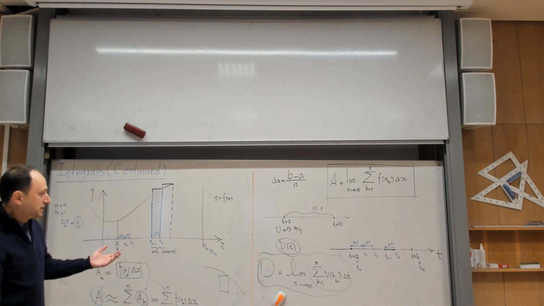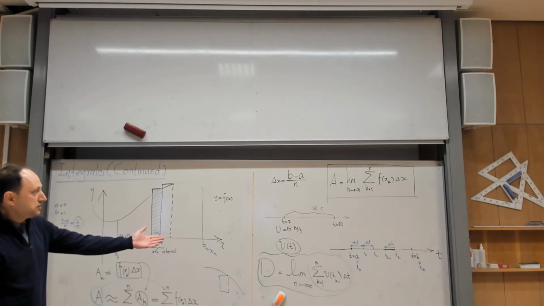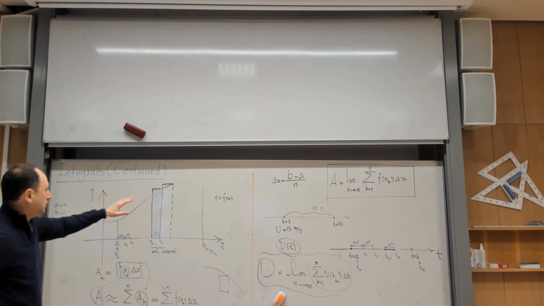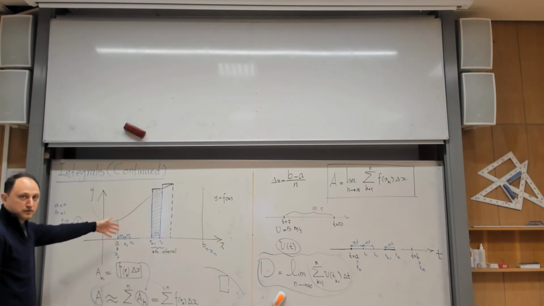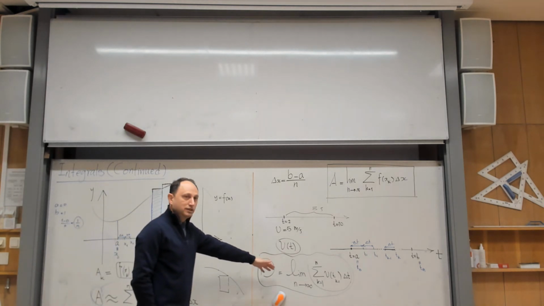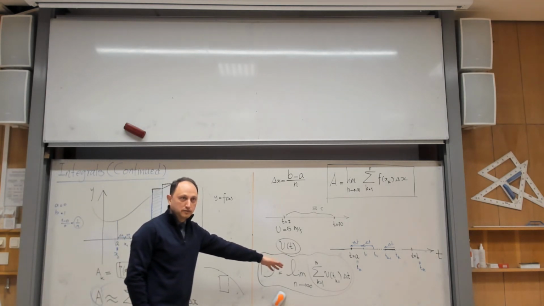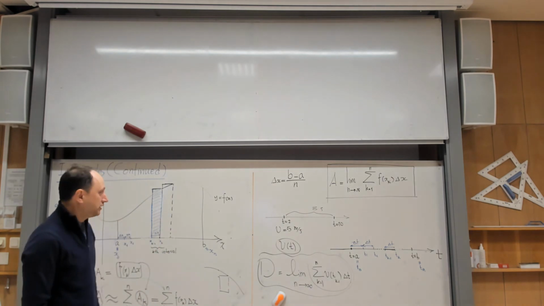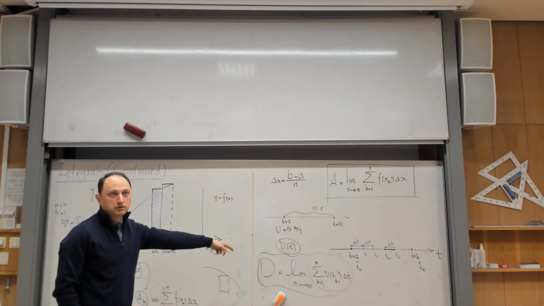I want you to see that the structure of this limit and that limit are exactly the same, even though that is a problem in geometry, finding area, and this is a problem in physics, finding the distance traveled by a moving particle. But to solve both problems, I have to calculate that kind of limit.